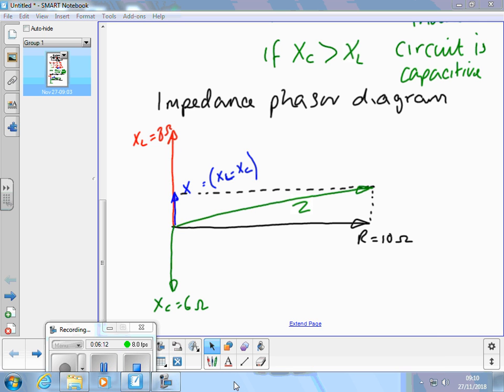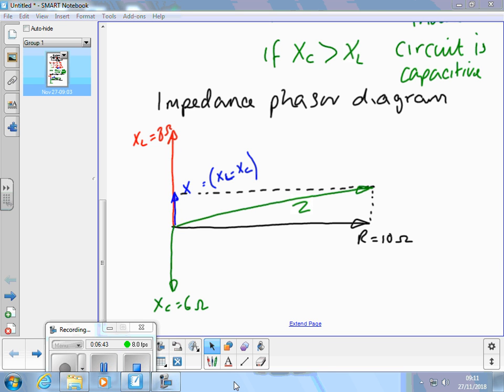And because XL is greater than XC here, it's above the line, and that circuit, although it's got a capacitor in it, will overall appear to be inductive in nature, in terms of whether you get a leading or lagging current. Okay, so that's what we're expecting, a circuit that appears to be overall inductive. We do our calculations.